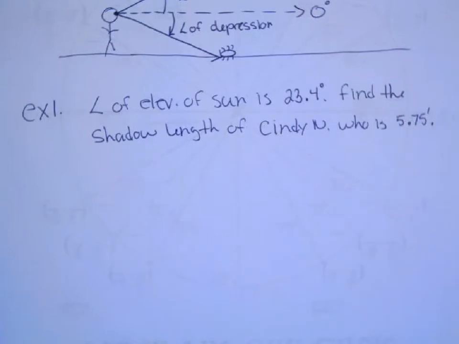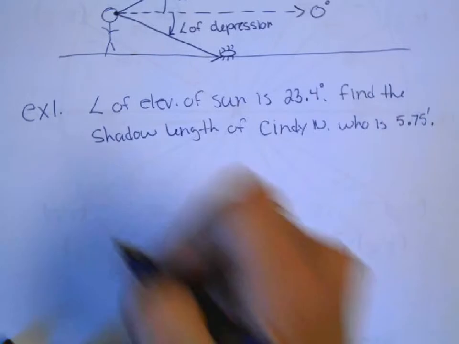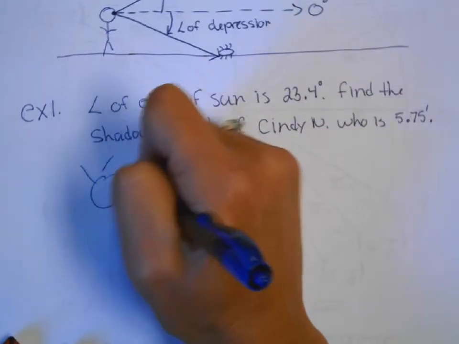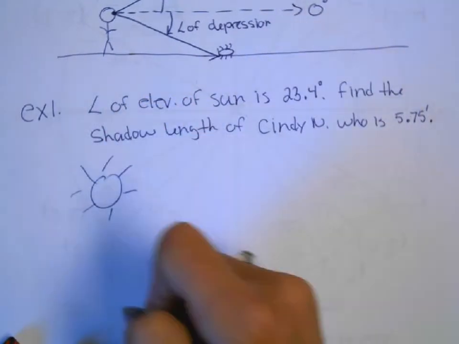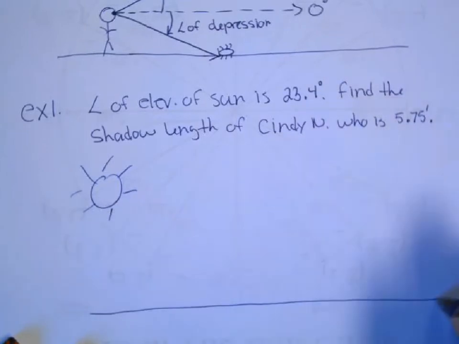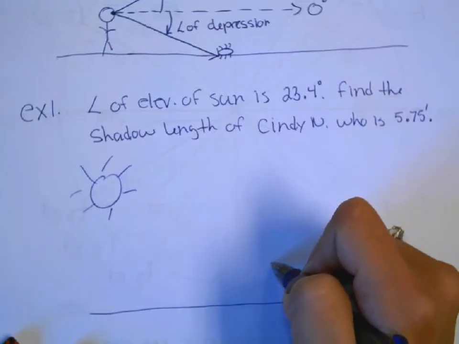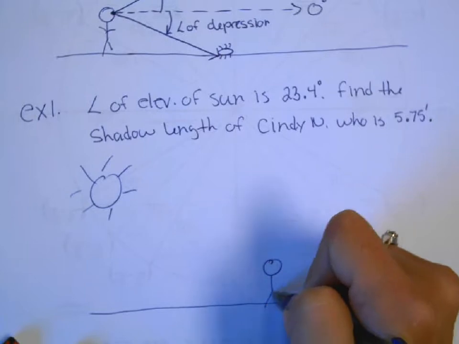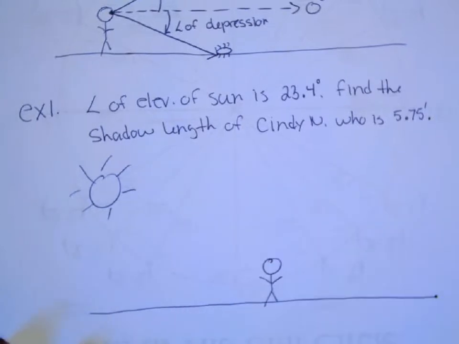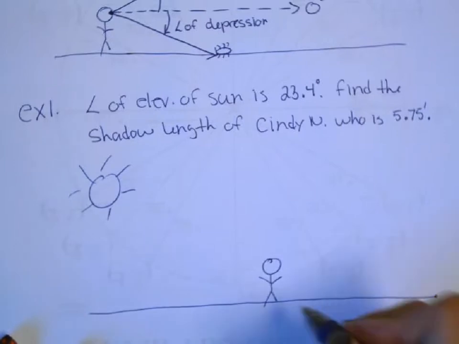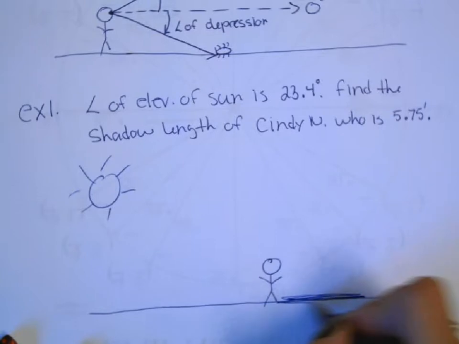I don't know. All right, so we've got some sunshine. And we've got Cindy Newman on the ground. And her shadow. That is the ugliest sign I've ever seen.